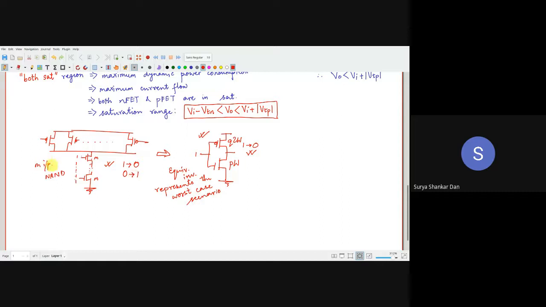When any one of these M inputs becomes 0. Only one is enough. The moment one of them switches off this line, the output will immediately swing from 0 to 1. So the worst case scenario is captured only in the equivalent static CMOS inverter. Got it?